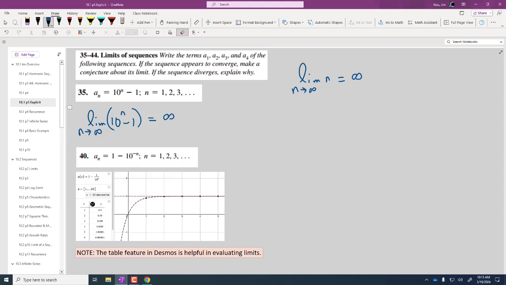10 to the n, the base is bigger than 1. And if you have a number that's bigger than 1 for the base, that's going to drag to infinity. 2 to the n, 3 to the n, 4 to the n, 5 to the n. But if the base is less than 1, where does that go? 0. So 2 to the n is going to go to infinity, but 1/2 to the n is going to go to 0, right?